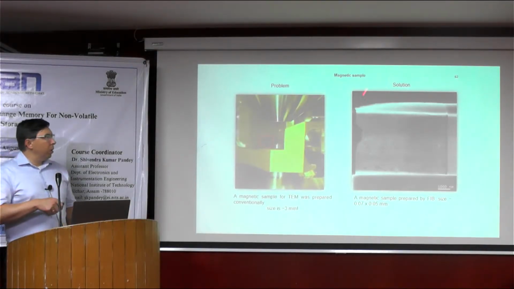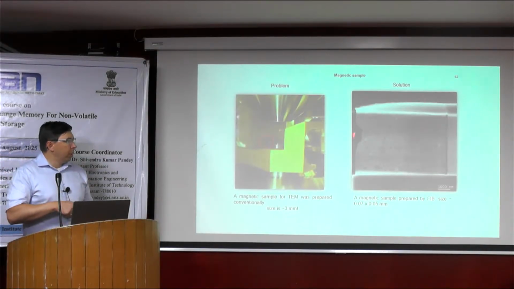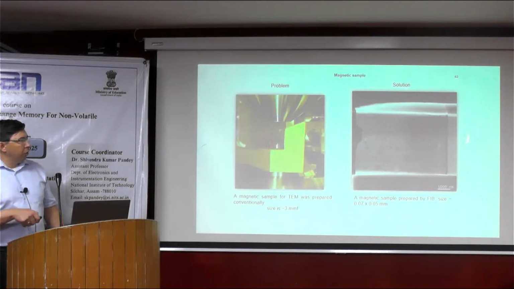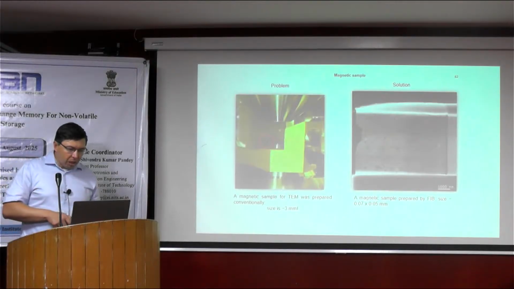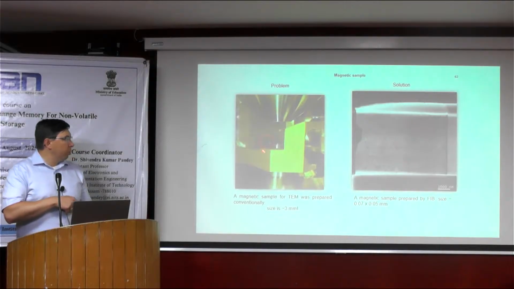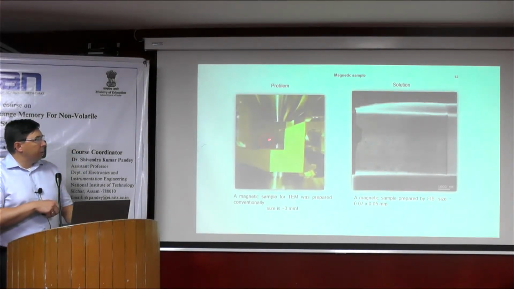In the case of FIB, because you reduce the size and volume of your material, you will not have such a trouble. Maybe sometimes some grains can jump from your sample, but you don't need to clean your pole piece.